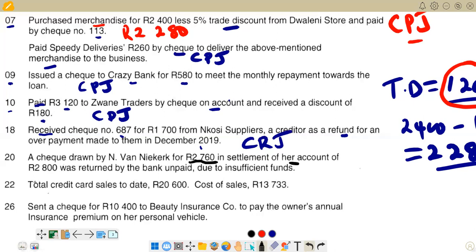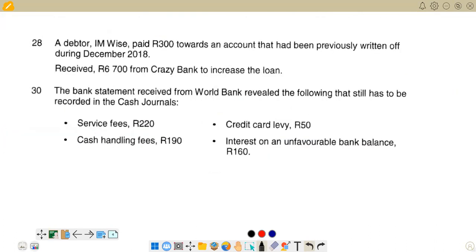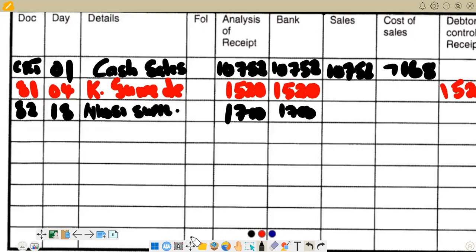So this one is affecting the cash payments journal. We can go on the cash payments journal and enter 2,760 there. Right, so here we can go down.